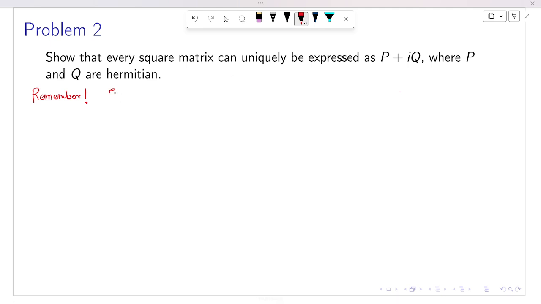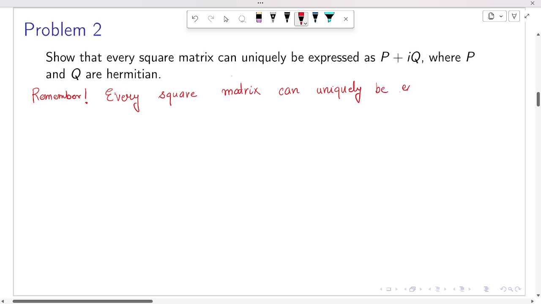That is, every square matrix can uniquely be expressed as sum of a Hermitian and skew Hermitian matrix. We will use this fact and prove this statement.